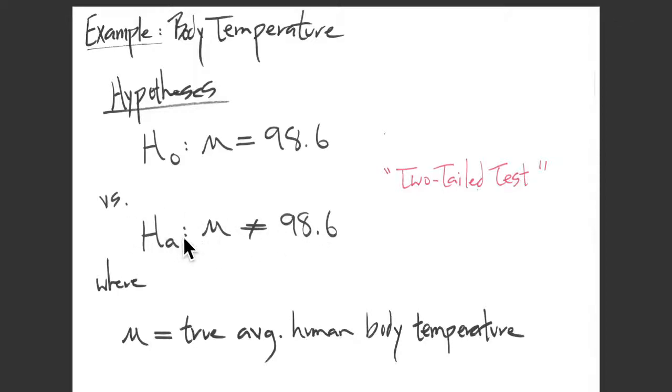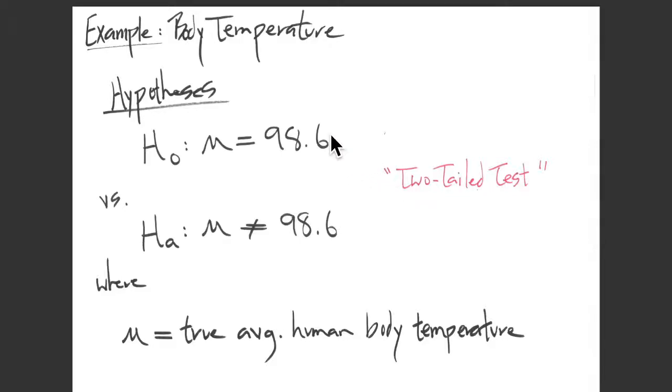The alternative hypothesis is that the mean is different than 98.6 degrees Fahrenheit, where mu here stands for the true average human body temperature among all human beings, right? And so that not-equals is indicative of what's called a two-sided test or a two-tailed test.